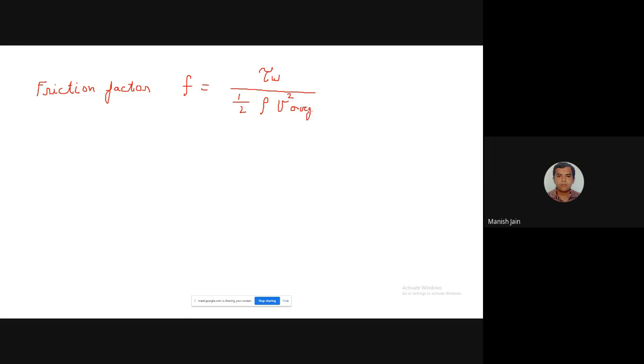Now tau W is the force exerted by the wall on the surface.